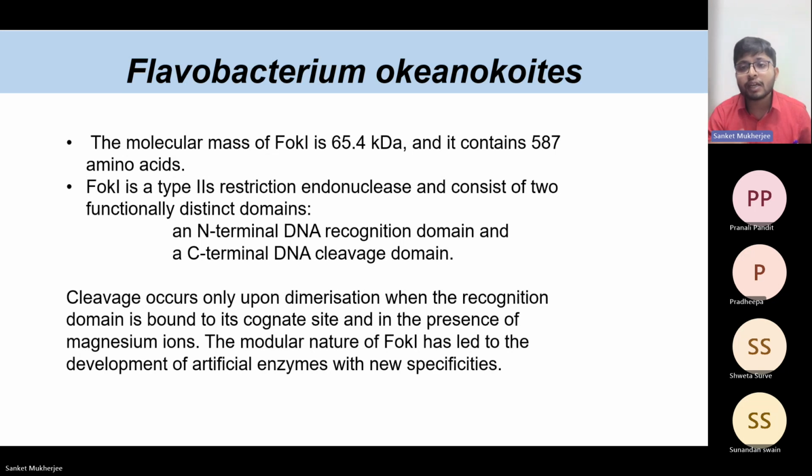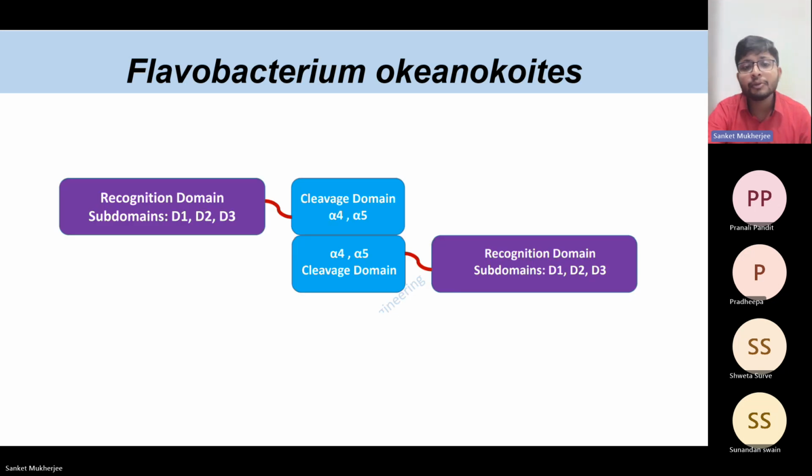We can create a chimeric enzyme where we use the recognition domain of some other restriction enzyme. That's how this kind of thing happens. Here you can see that the two cleavage domains need to dimerize to cleave the DNA. If this dimerization does not happen, there will be no cleavage.